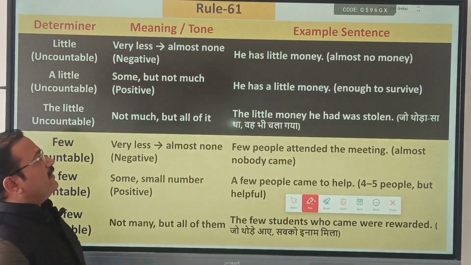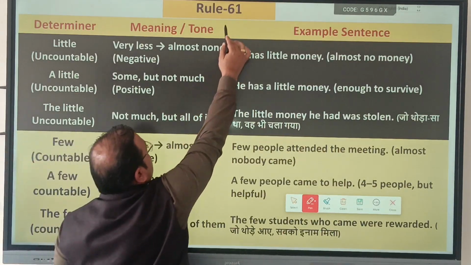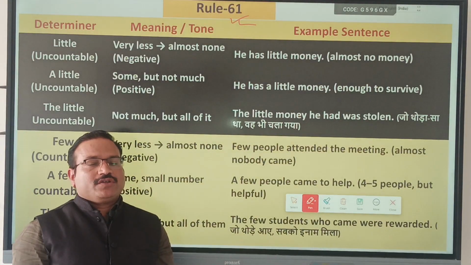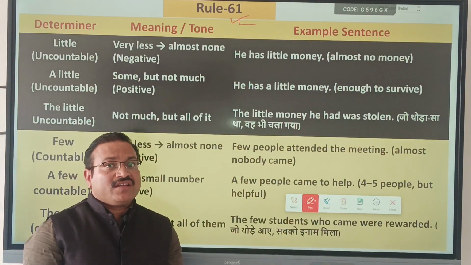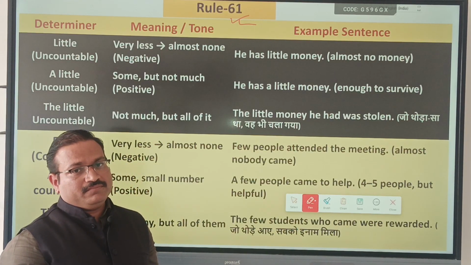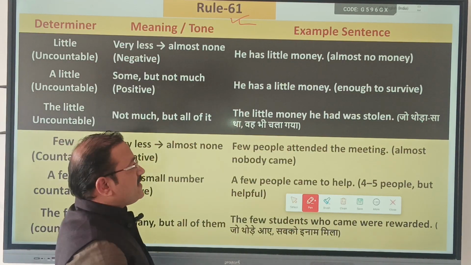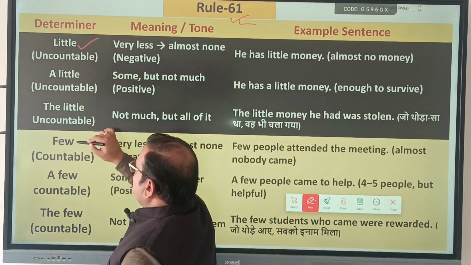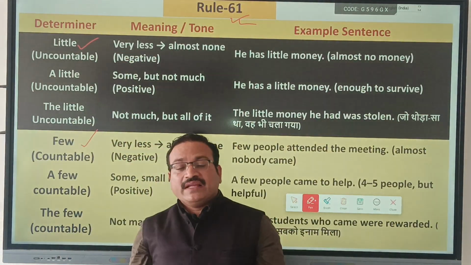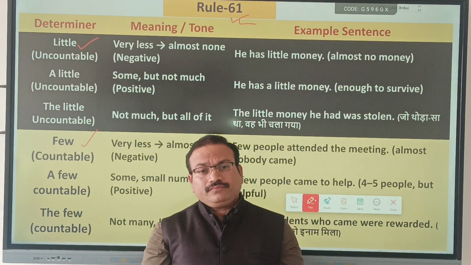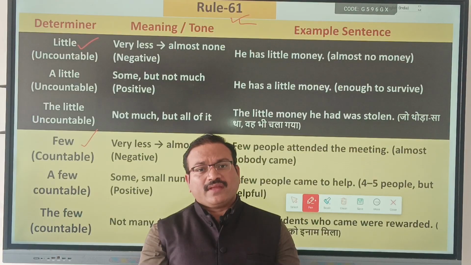So this is rule number 61. Very important rule. Why? Because many questions are asked in examination based on this rule. So what you have to understand here, little and few. Little and few both are determiners, adjectives.